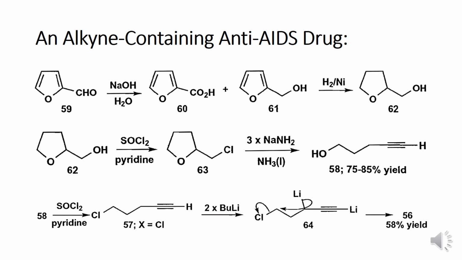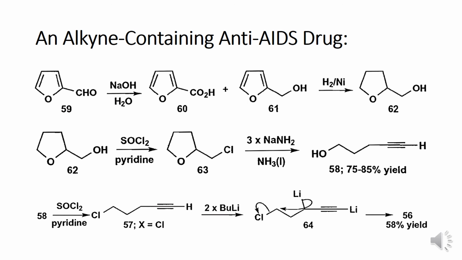We seem not to be getting closer to 58, but 58 would actually result by dehydration of structure 62. In real life, the alcohol 62 is turned into the chloride, and a double elimination with sodium amide gives structure 58 after acidification.